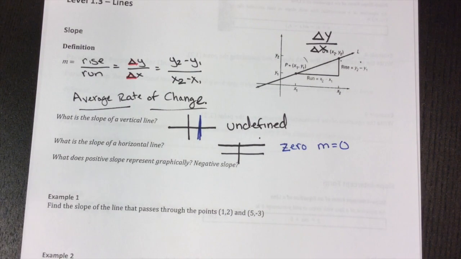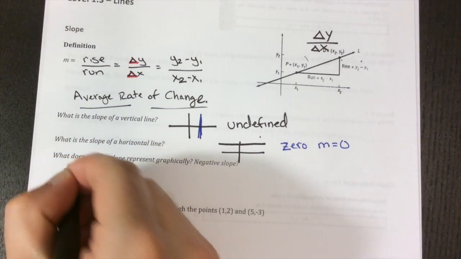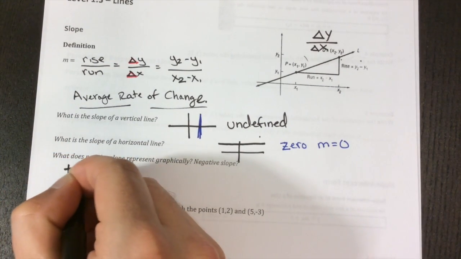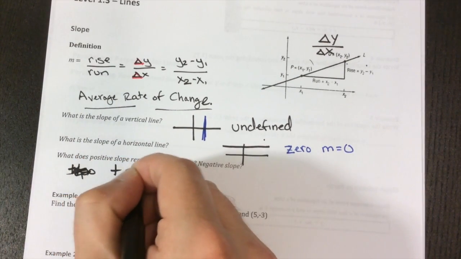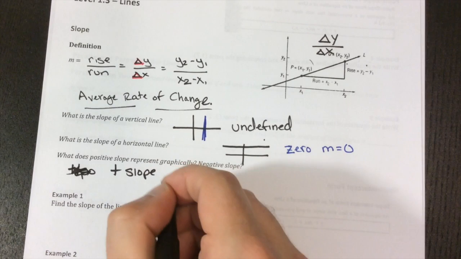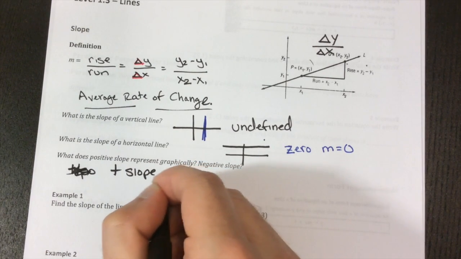So other terms that you might be asked is, what does positive slope represent? Well, if we have positive slope, we have an increasing line.